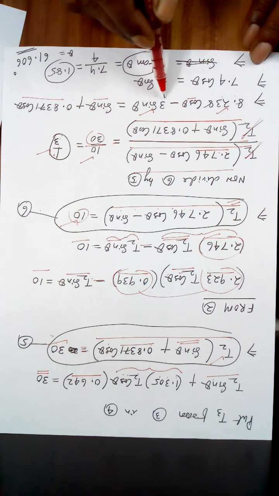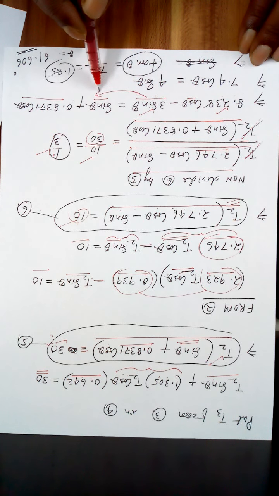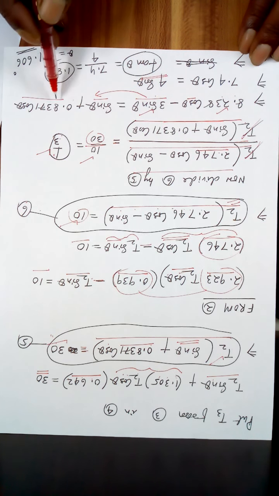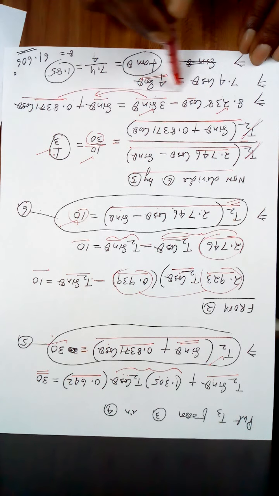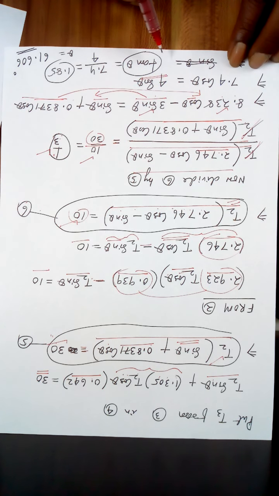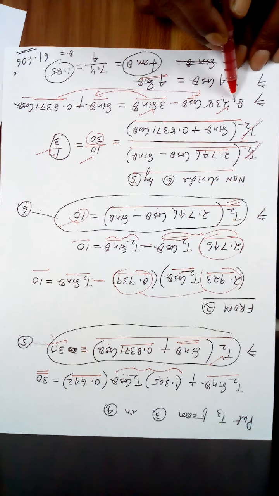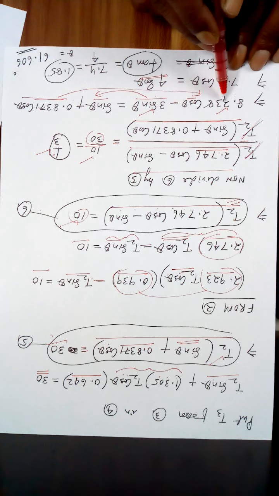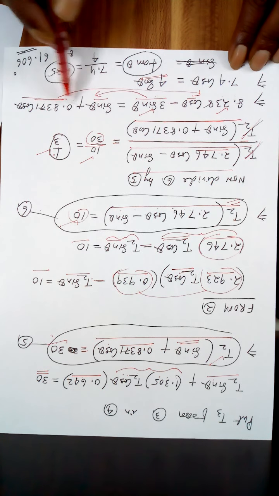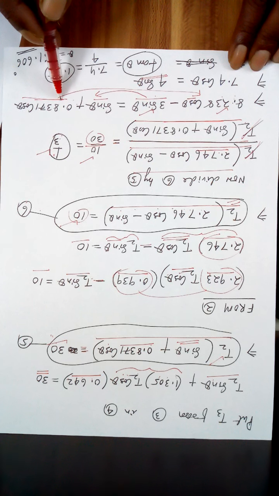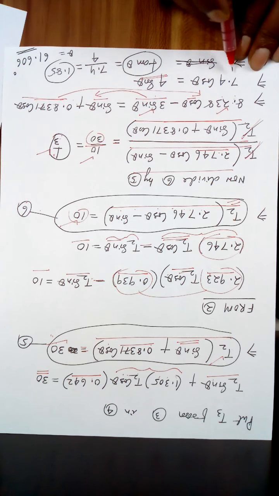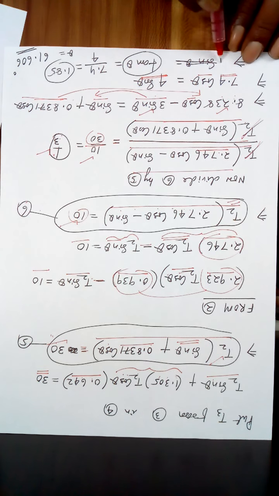Now look, take this 3 sin theta to this side, this becomes 4 sin theta. Take this part to the left hand side, so this becomes 8.238 minus, when this comes to the left side it will be subtracted, minus 0.8371, that comes out to be 7.4 cos theta is equal to 4 sin theta.